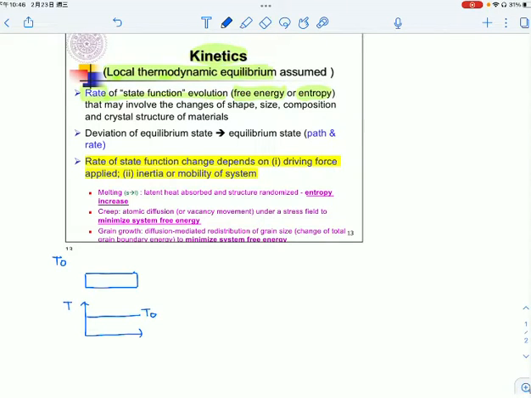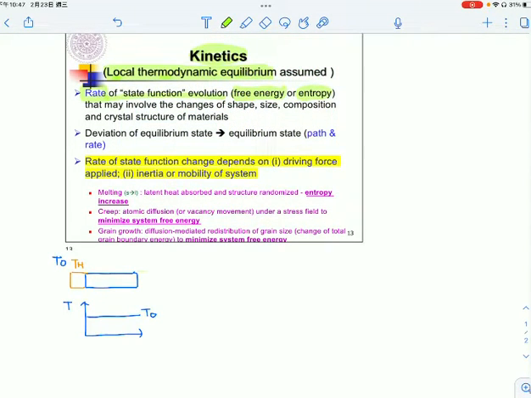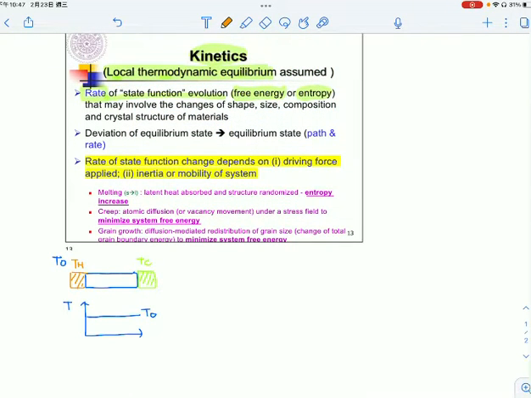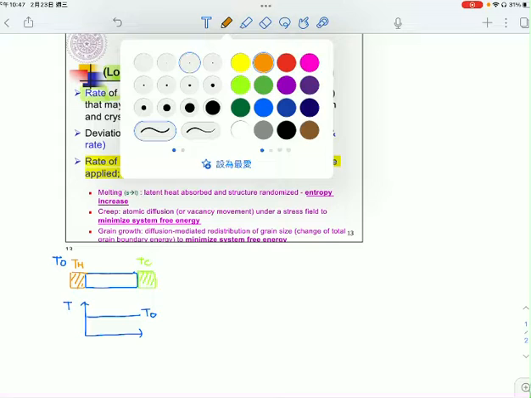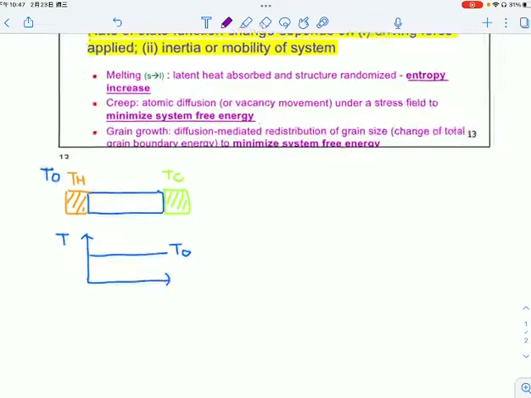And how about if I add a heater here, then add a cooler here? How does the temperature profile change over time? In the beginning, probably it will be like this, right?